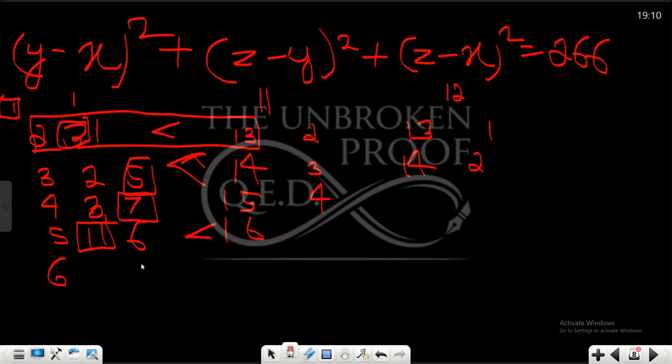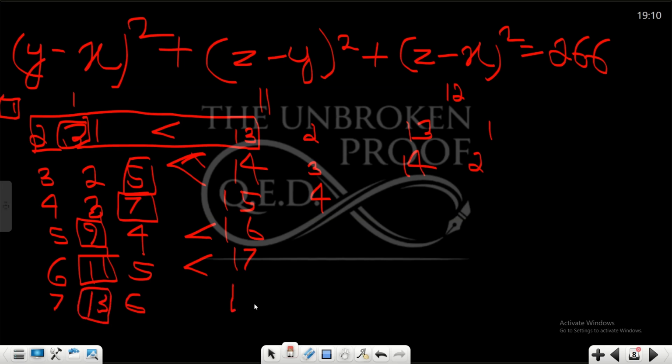Then for 6, 5 the sum is 11, z is 17. For 7, 6 you will get 13, and here you will get 18. Then for 8 and 7 you will get 15, here you will get 19.